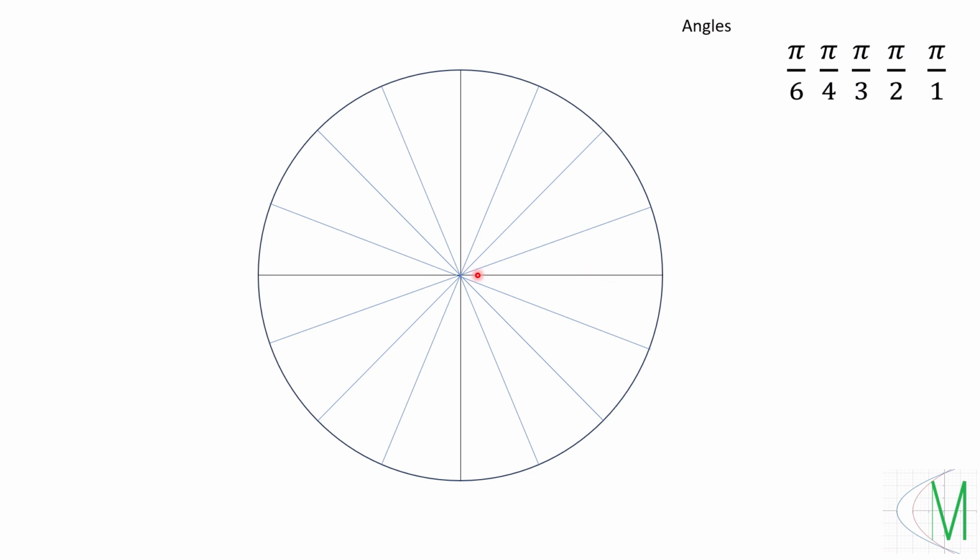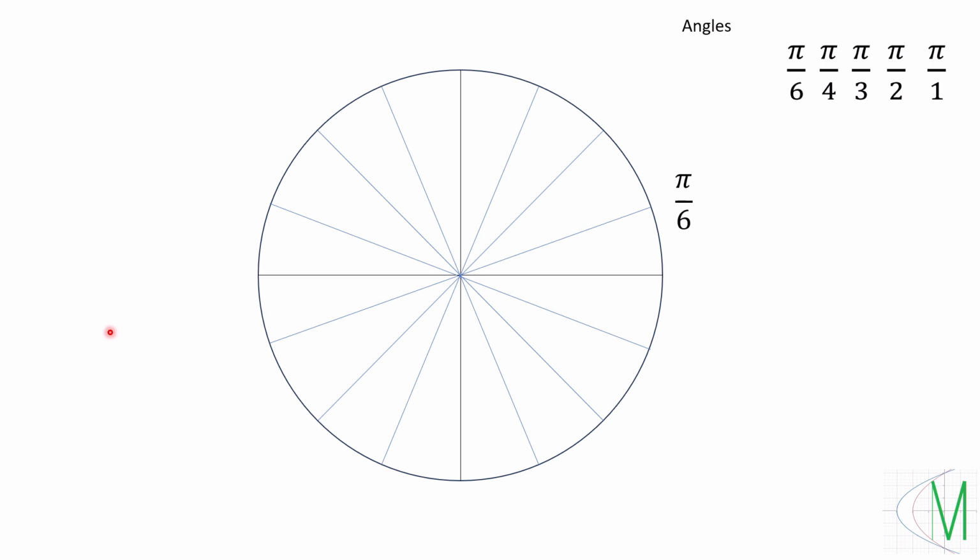Then the first angle we get to is going to be the smallest of these 5 angles, and the smallest one is pi over 6. So that first angle is going to be pi over 6.